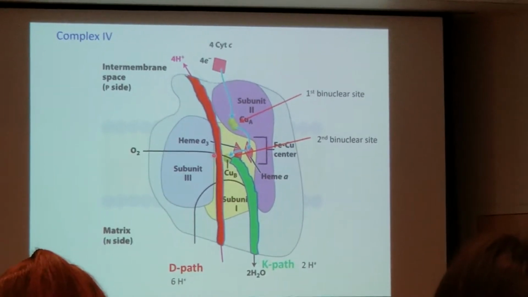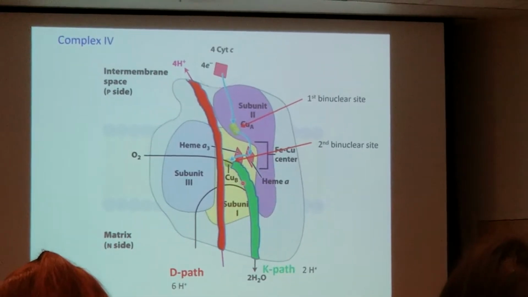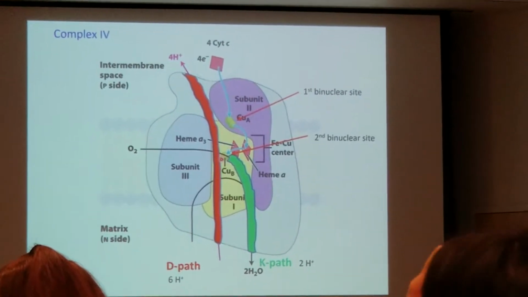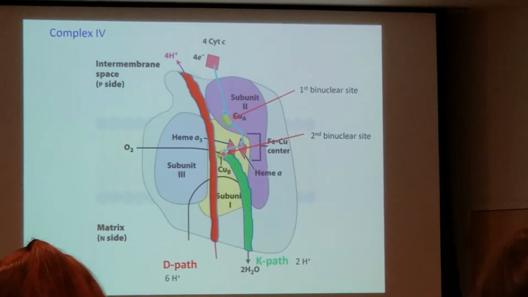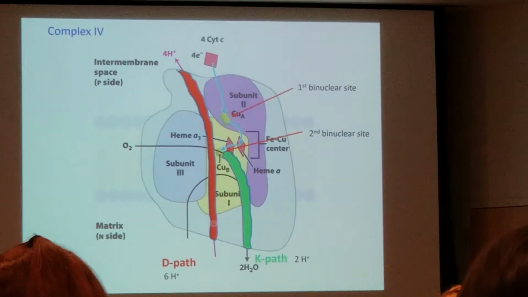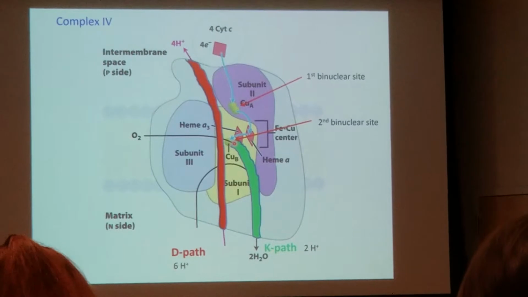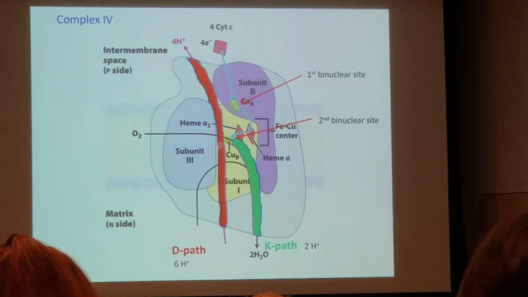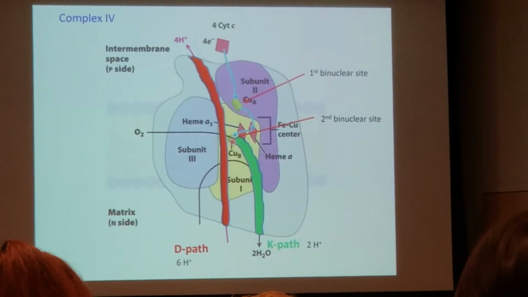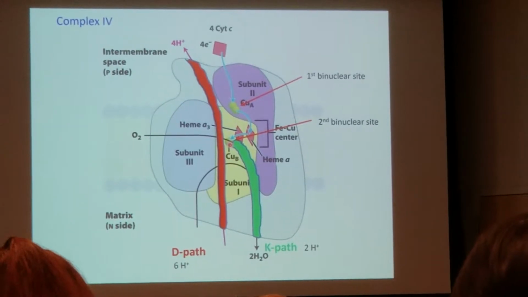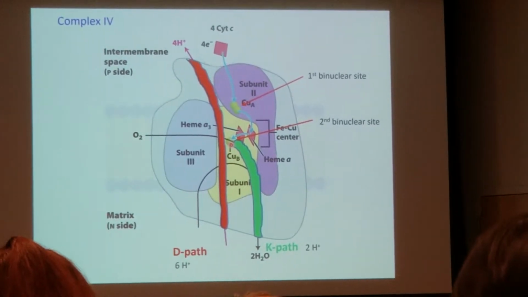Well, if 6 are going this way and 2 are coming up here, and you need 4, not 2, then somehow during this process, 2 must take a right turn on this diagram and get redirected. That's kind of weird, but that's what apparently happened.